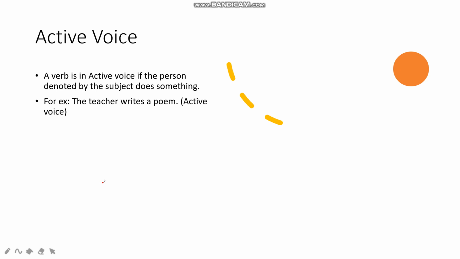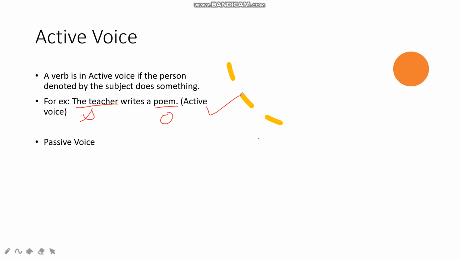For example, the teacher writes the poem. Here, the subject is the teacher and the poem is the object. The teacher is doing the action of writing a poem. And this is completely in active voice.